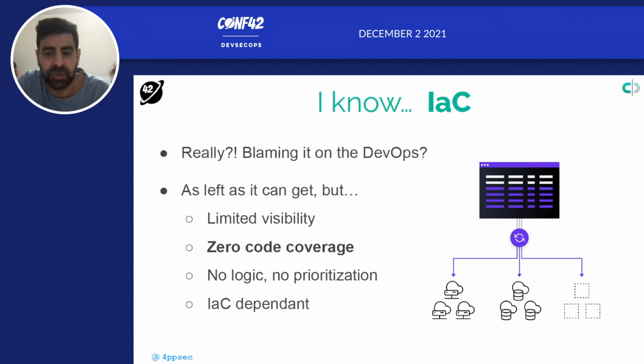Zero code coverage. No one will tell you there you have a problem with your code. It will just tell you this line is vulnerable because you did not add encryption, which is good. I'm very a fan of it, but it's not enough. You get no logic, no prioritization, and it's IaC dependent. So you really need a solution that is built for your infrastructure as code. And again, you get zero code coverage. That's not enough.